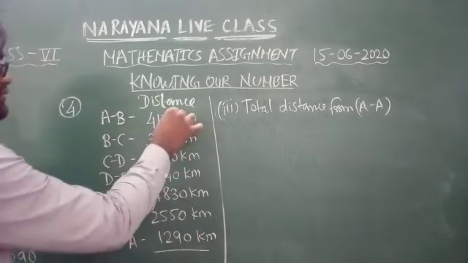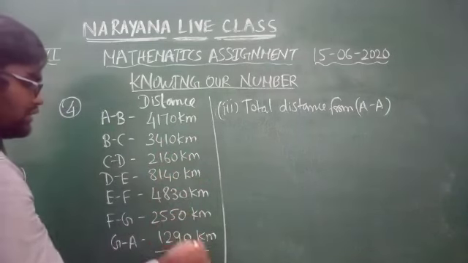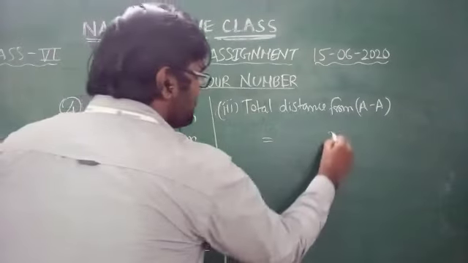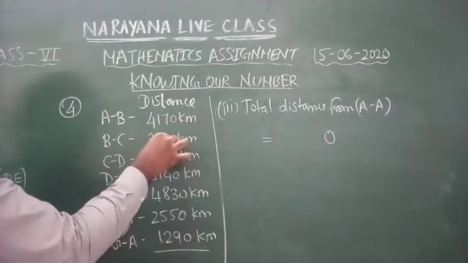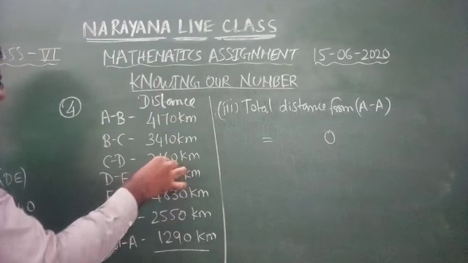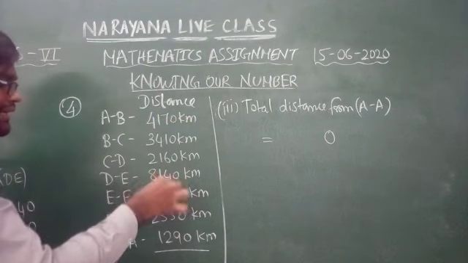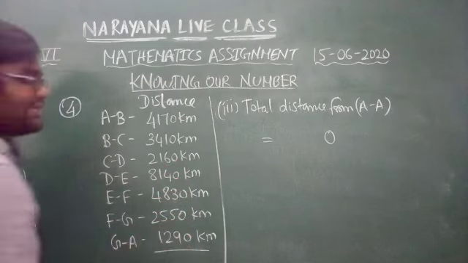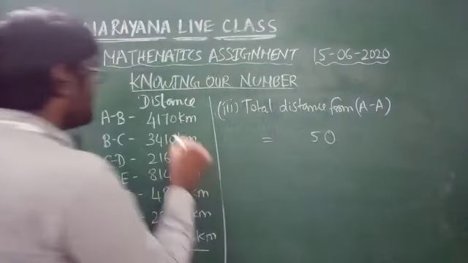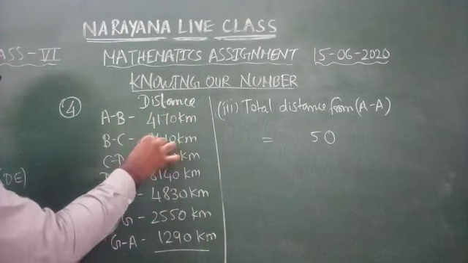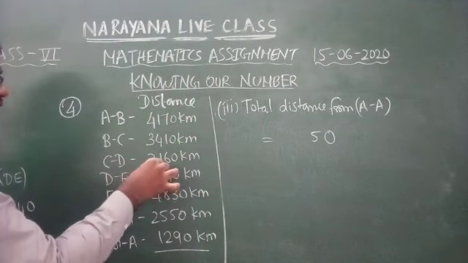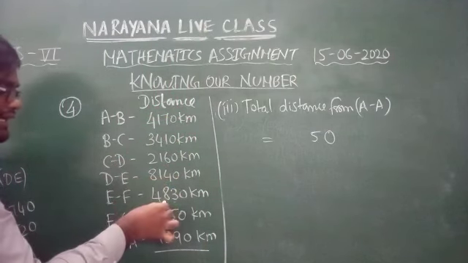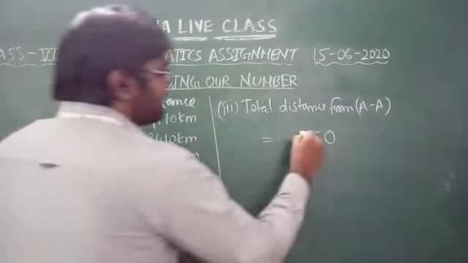Add all these values: 0, 0, 0, 0, 0, 0, 0 gives 0. 7 plus 1, 8. 8 plus 6, 14. 14 plus 4, 18. 18 plus 3, 21, 26, 35. Carry over 3 here. 3 plus 1, 4. 4 plus 4, 8. 8 plus 1, 9. 9 plus 1, 10, 18, 20, 25.